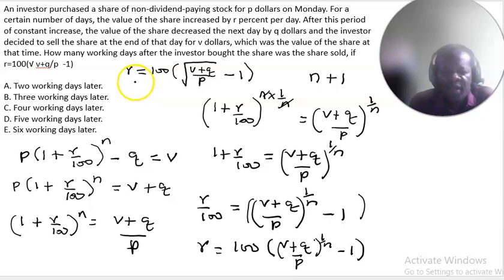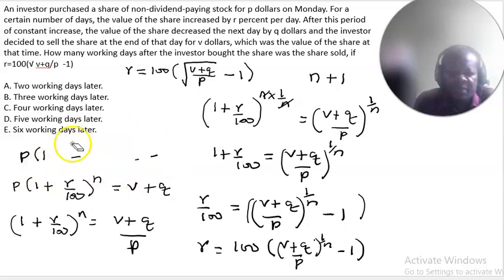So what we are now going to do is to compare these two equations. So let's wipe this area off. So where we started from.